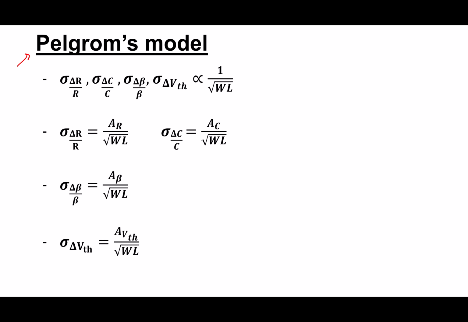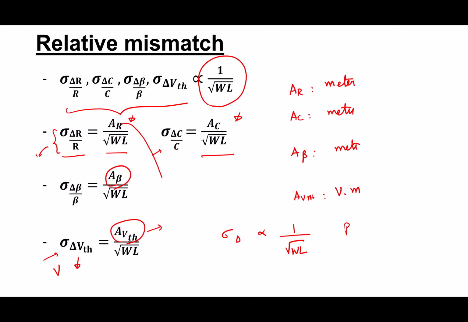So what we have here is called Pelgrom's model or Pelgrom's law. That's the final takeaway I want you to have: all these relative mismatch quantities are inversely proportional to the square root of area. We'll continue from this point in the next class.